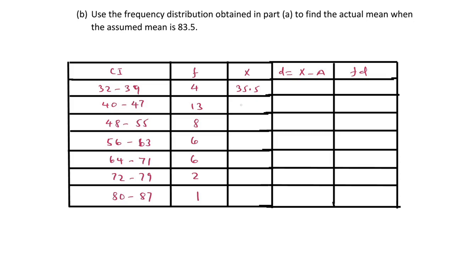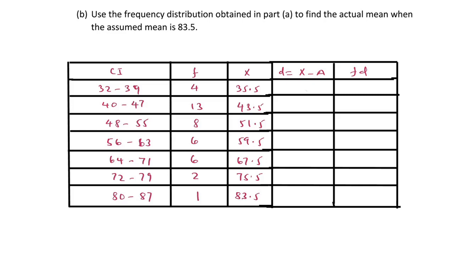For the next class, the value is 43.5. The next one is 51.5. The next one is 59.5. The next is 67.5. The next one is 75.5. And the last one is 83.5.